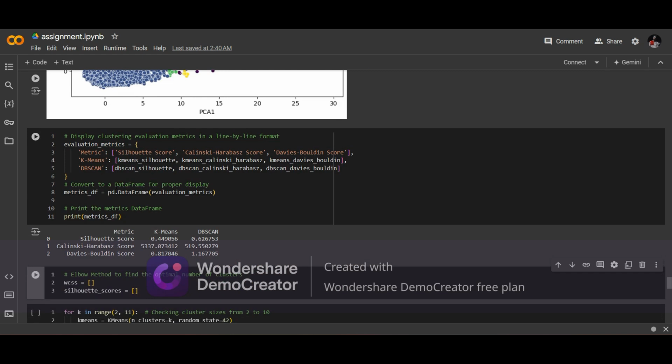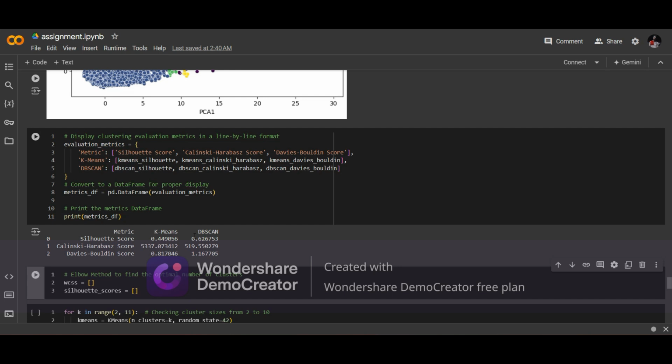Now silhouette score basically measures how well separated the clusters are and how well points fit into their cluster. Here higher is better, and we can see the DBSCAN score is higher, so it is better for silhouette score. And Calinski-Harabasz score measures the ratio of between-cluster dispersion to within-cluster dispersion.